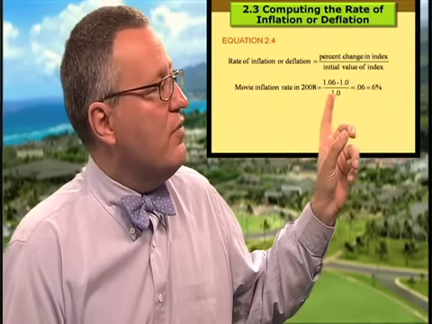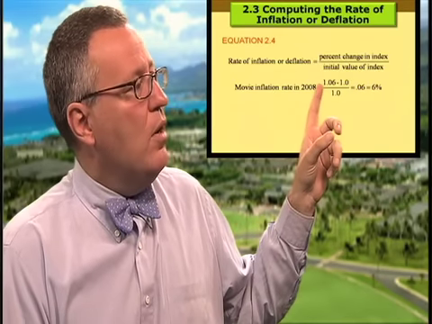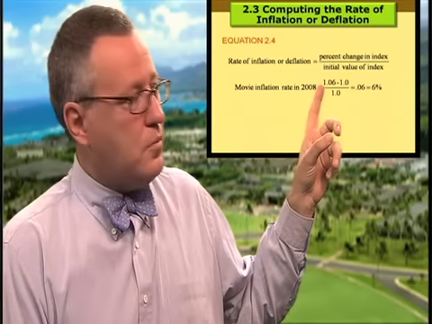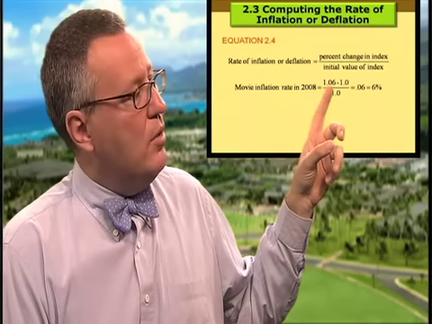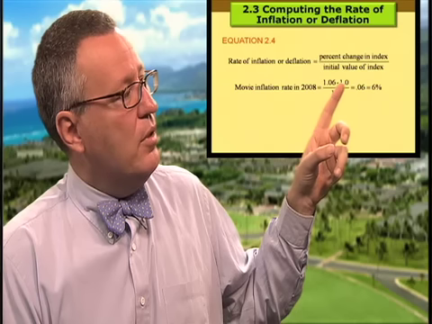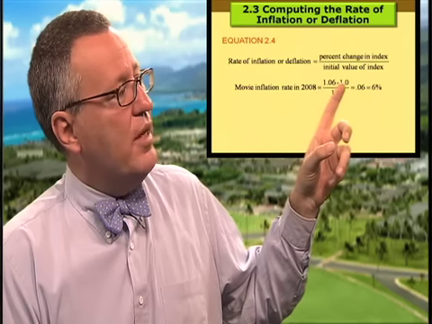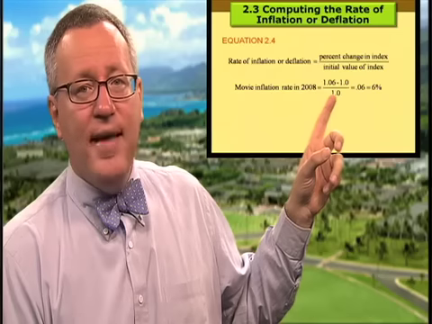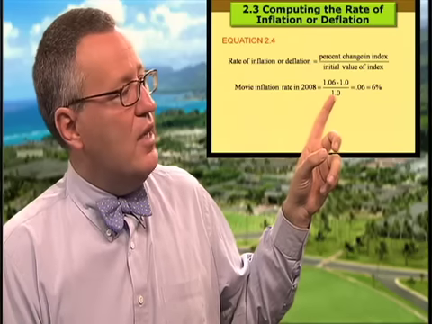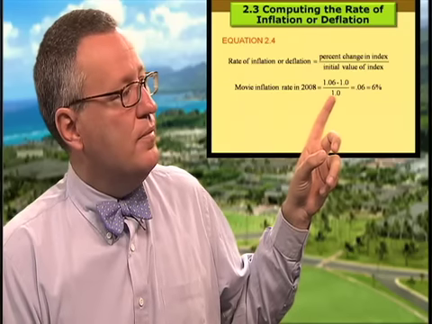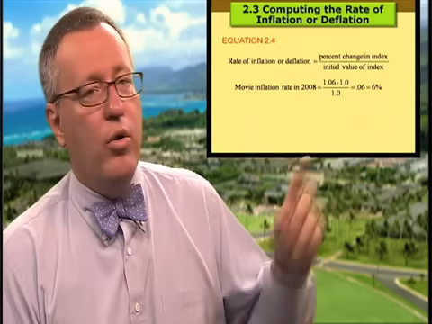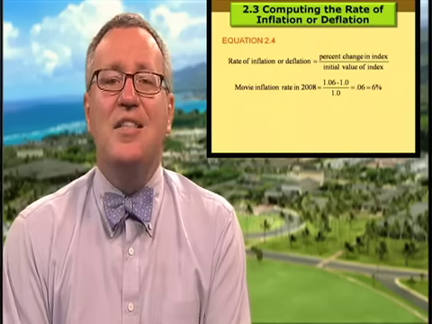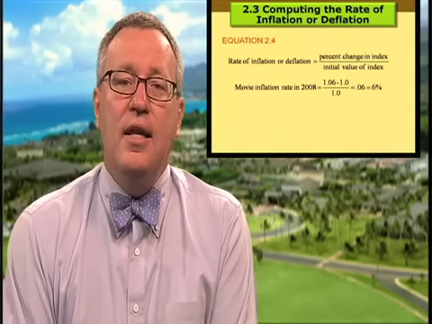So for example, in the case of our movie inflation index, 1.06 was our 2008 number. 1 was our 2007 number. So we take 1.06 minus 1.0, and we divide that by the initial value of the index, which is 1.0. What that gives us is an answer of 0.06, or 6%. So we've had a 6% increase in inflation of our movie basket.